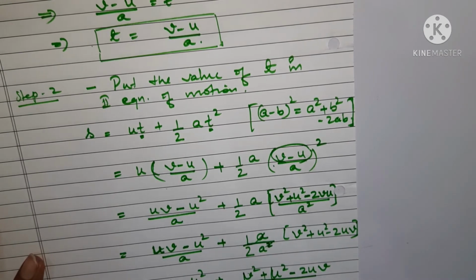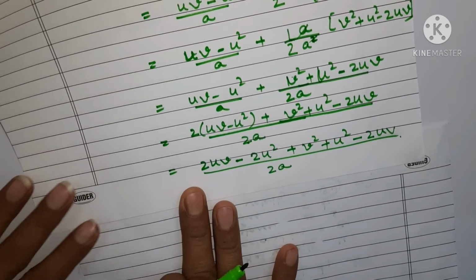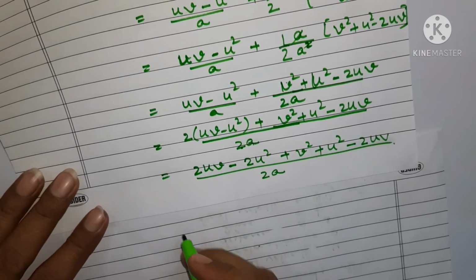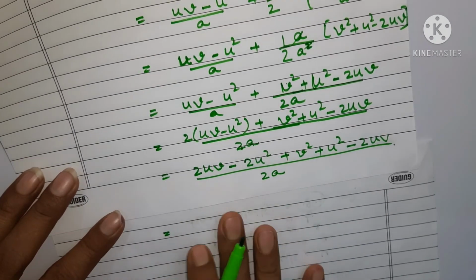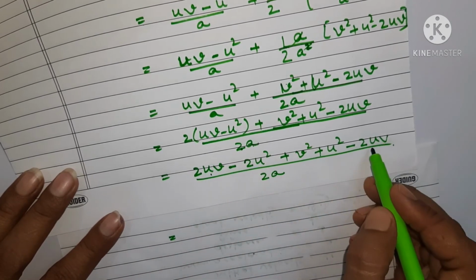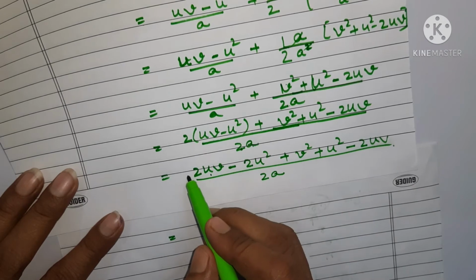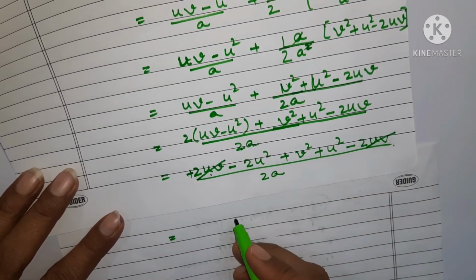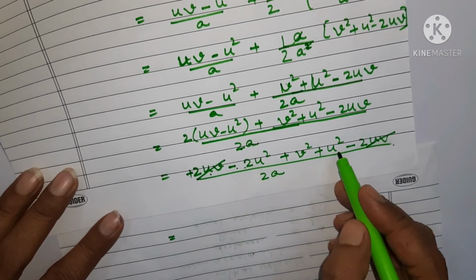Let me have one page. So what we are remaining with, let us calculate here. This is 2uv, this is minus 2uv. You can see here the sign is plus, here minus, so both are going to cancel out. What is remaining? This is minus 2u square plus u square.